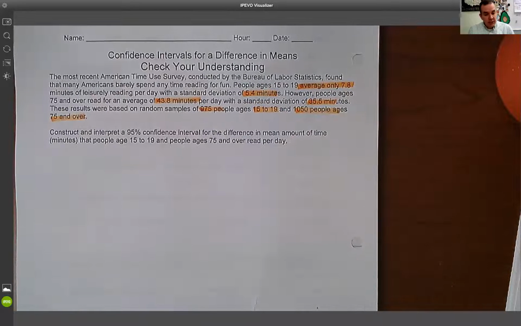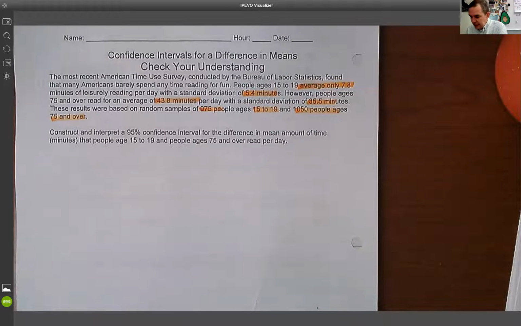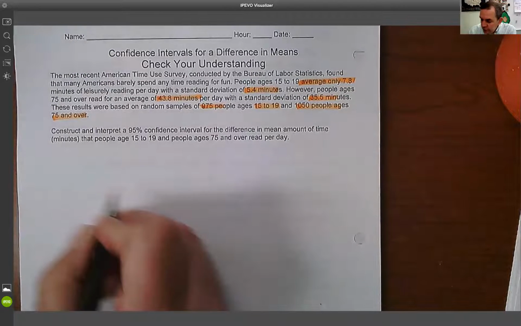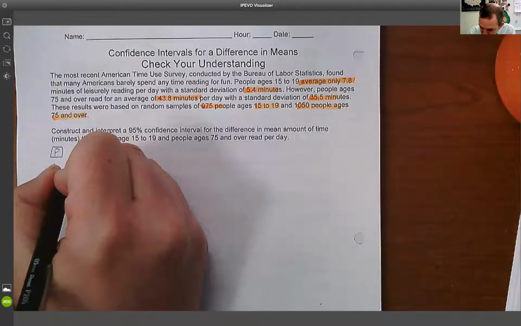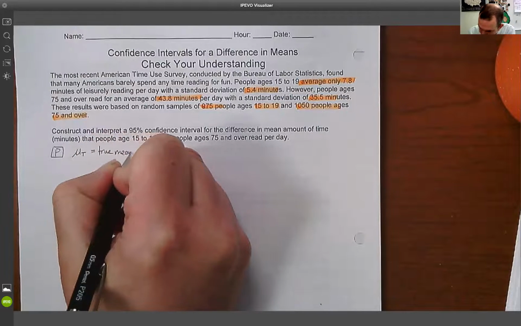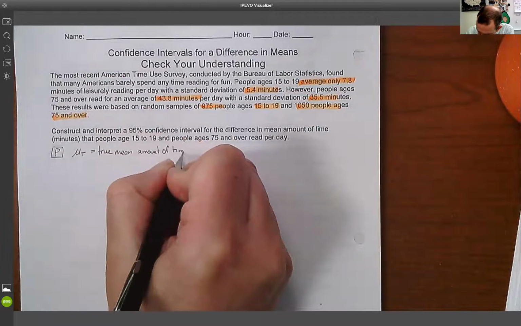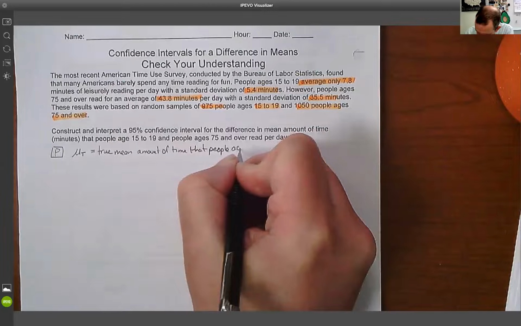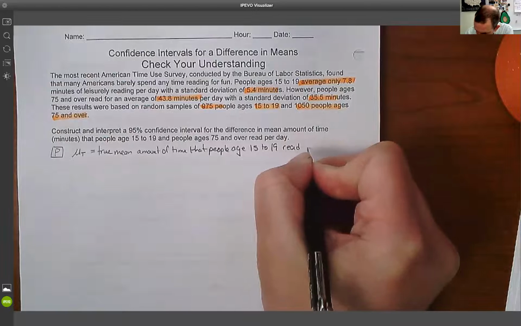So now what we're actually going to be looking at is, is there a difference between the teens and the older group? We're going to follow that same process. P is going to be our parameters. The first one is mu t, the true mean amount of time that people age 15 to 19 read per day.